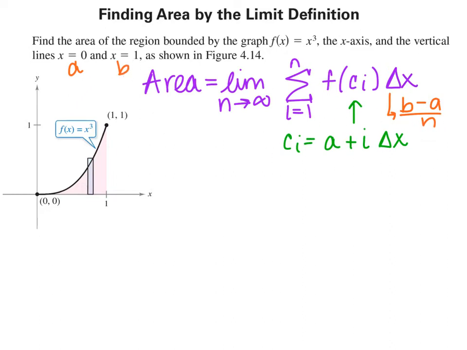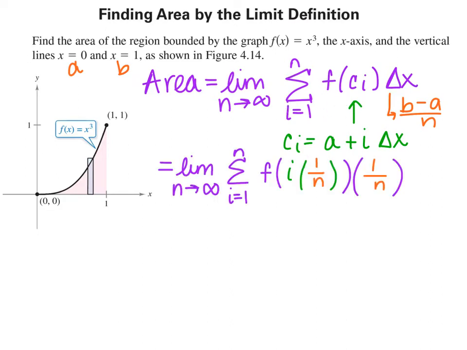So this c sub i is for my right endpoints, and so my right endpoint here is 1 because it's to the right. So what I'm going to do now is figure out what this value and what this value is, and then plug it into this x cubed and figure out what my limit equation will be in terms of this summation.